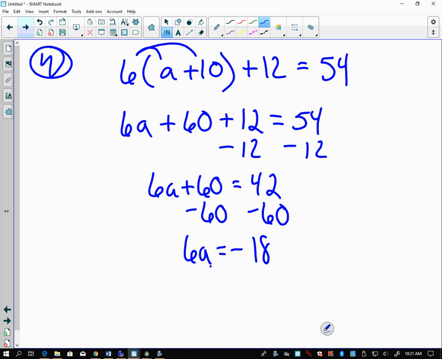So subtract by 6 on both sides, and you're getting a equals what? Negative 3. Okay. All right. So distribute. You can subtract twice if you want, or you could combine like terms and subtract the 72 from 54. It's not going to change the answer. Okay.